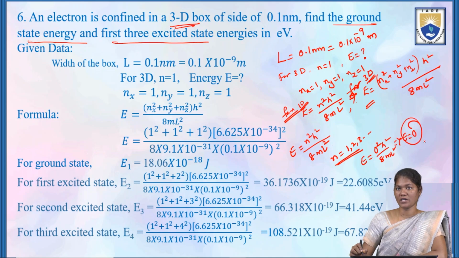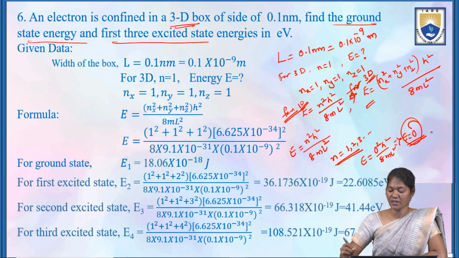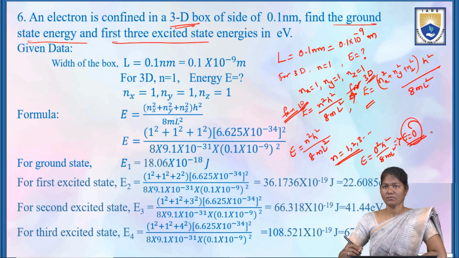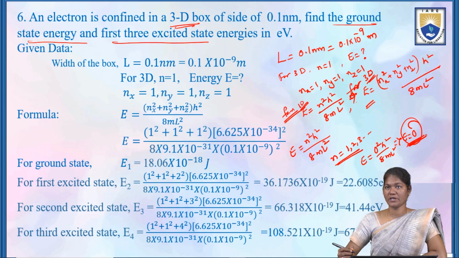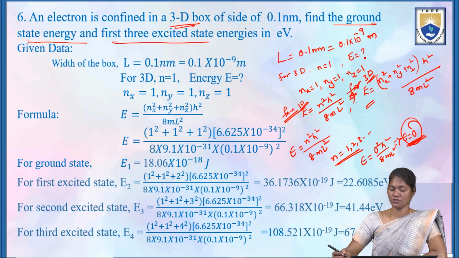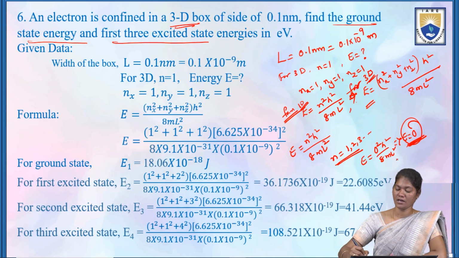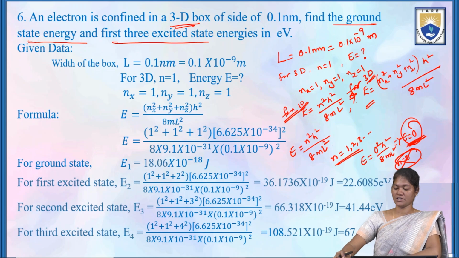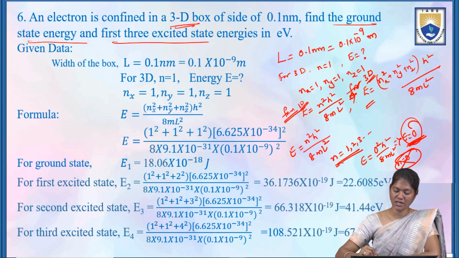So there is no zeroth level; the particle won't be with zero energy in the potential box. So that's why n is equal to 0 does not exist in the potential box. Okay, so n is equal to 1, 2, 3 and so on.